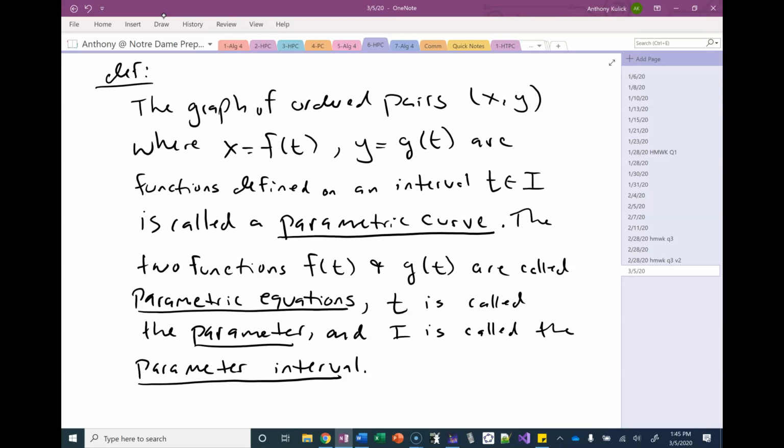Okay, so we say that the graph of the ordered pairs (x, y), where x is defined by the function f of t, and y is defined by the function g of t, are functions defined on an interval of values for t, is called a parametric curve. So those two functions, f of t and g of t, are called parametric equations. And t is called the parameter, and I is called the parameter interval.